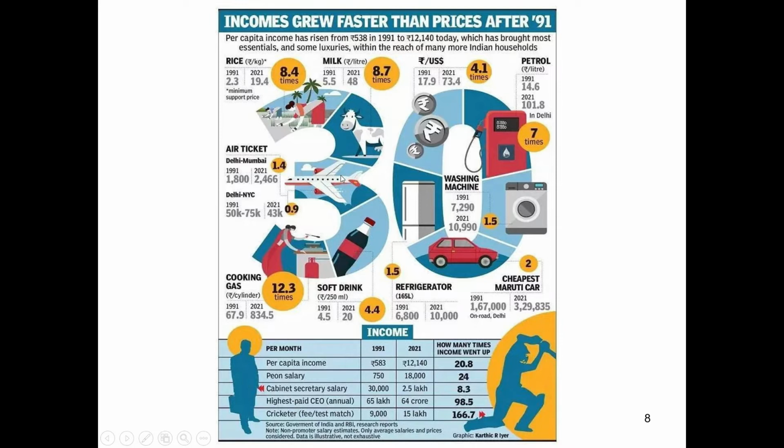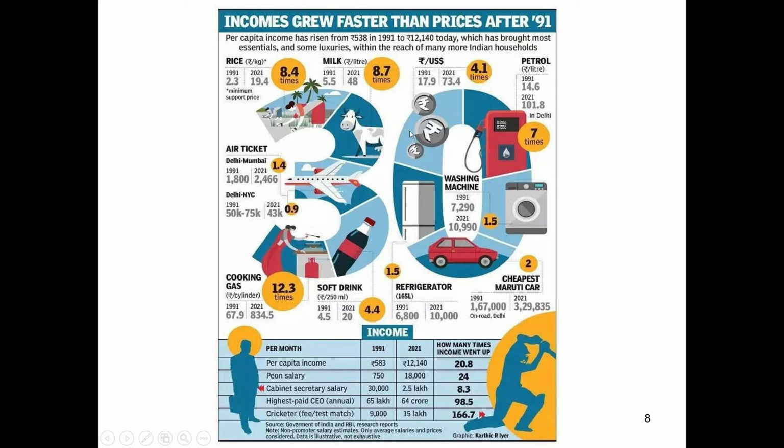Airfare from Delhi to Mumbai increased 1.4 times, but Delhi to New York reduced, only 0.9. Soft drinks increased 4.4 times, and cooking gas increased 12.3 times. Immediately one can correlate, because 1991 data is also there, and circles show the density, and with the figure anybody can say what is being presented.